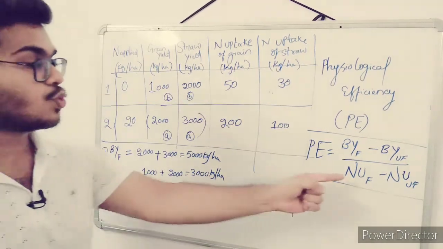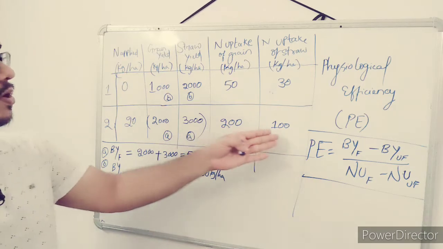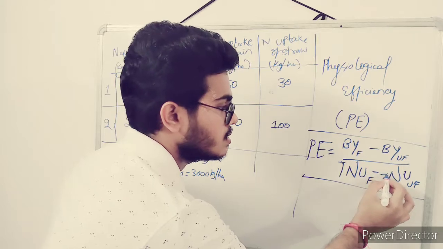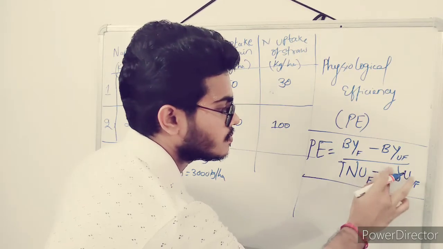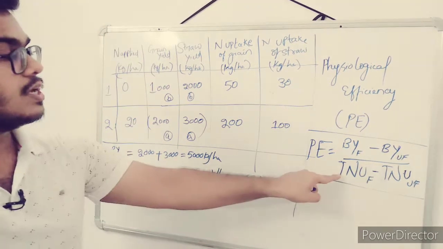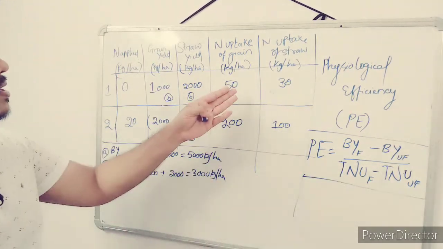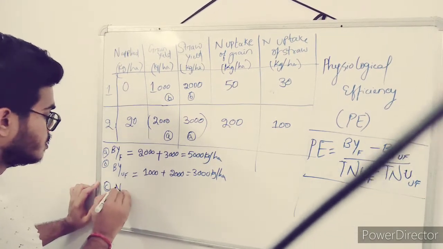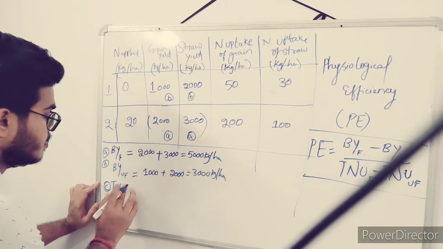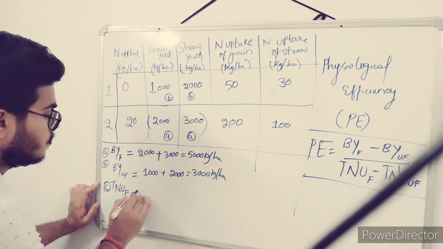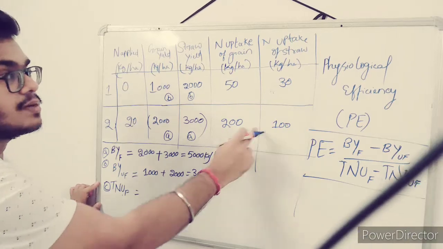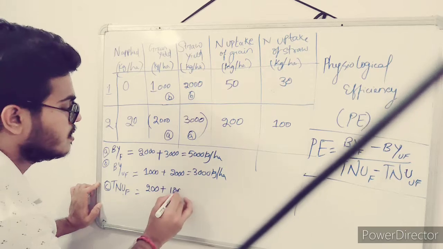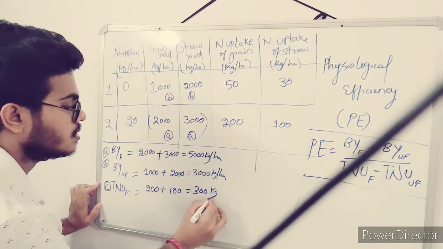Now we have to apply the total nitrogen uptake in the fertilized plot minus the total in the unfertilized plot. The total nitrogen uptake in the fertilized plot is grain uptake plus straw uptake, so 200 plus 100 is equal to 300 kg per hectare.